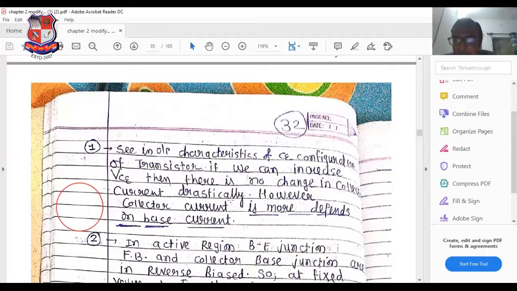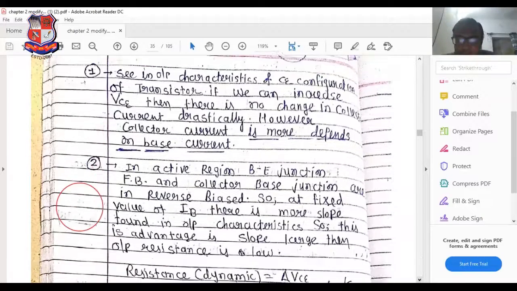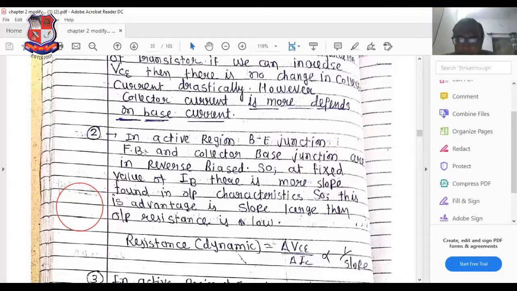However, collector current depends more on which current? Base current. In the active region, the base emitter junction is in forward bias, the collector base junction is in reverse bias. So at a fixed value of base current, there is more slope in the output characteristics. So it is the advantage of slope being higher compared to common base.